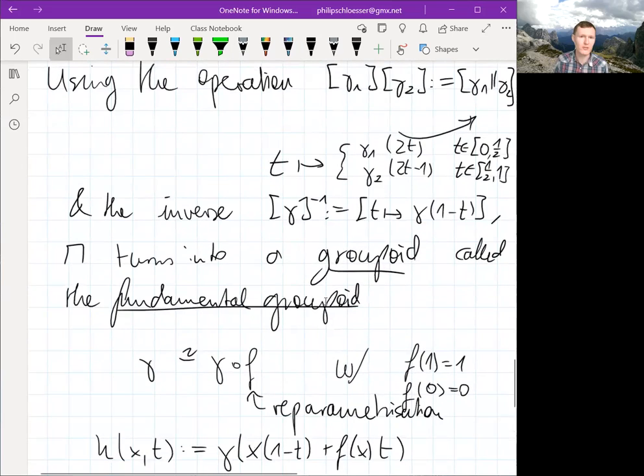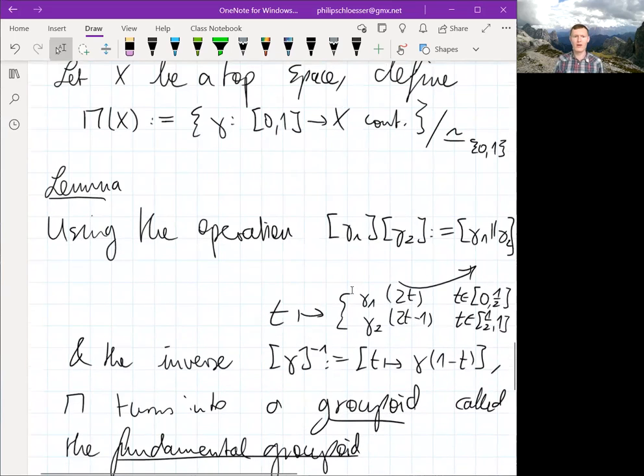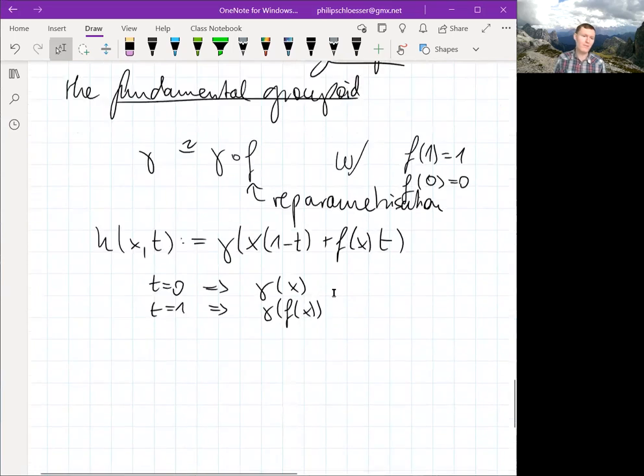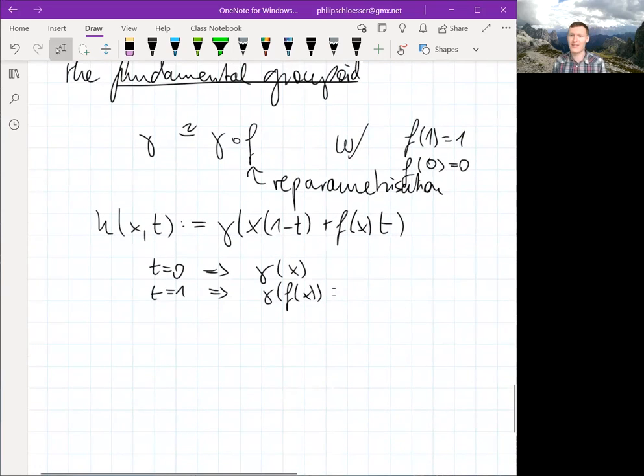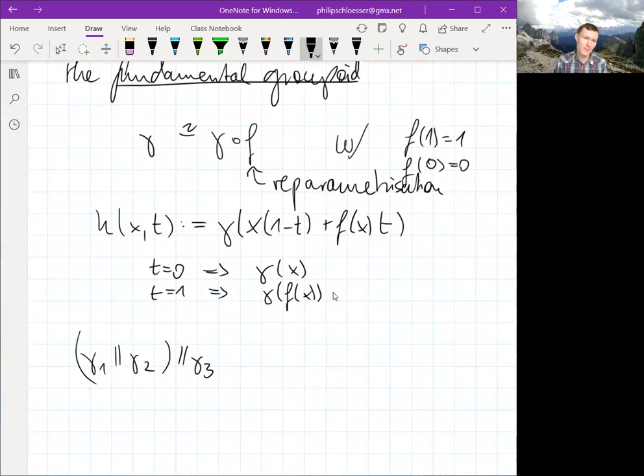Yeah, and the homotopy is a very important thing, also because you need to prove that your operation is associative. And I know everybody likes associativity proofs, but if you didn't have that homotopy there, then you would have something like gamma 1, gamma 2, and then gamma 3.